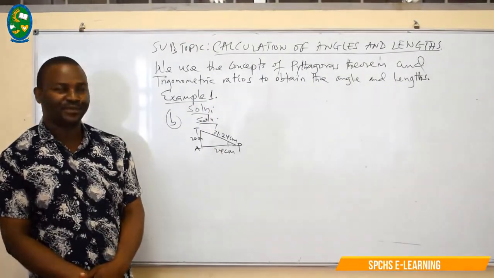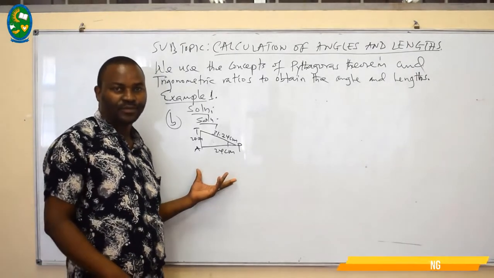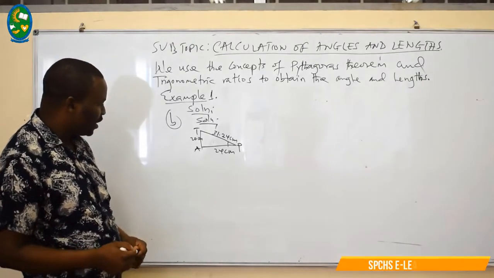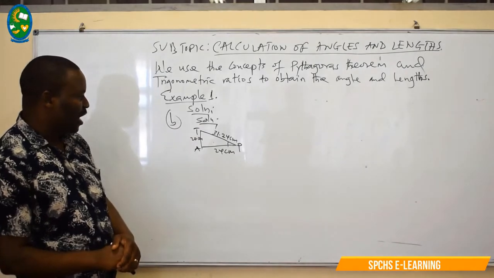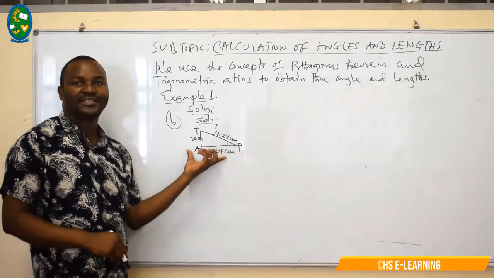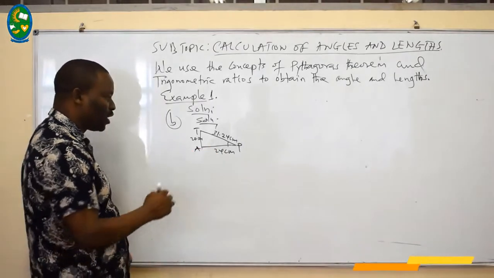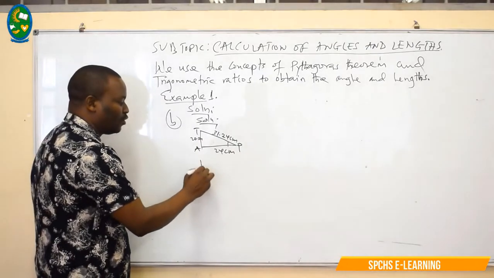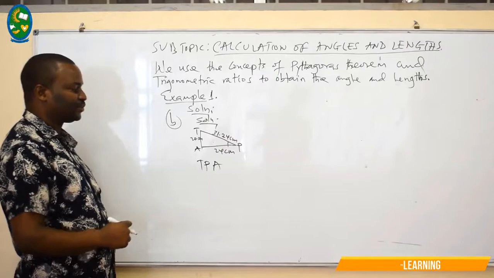Now let us see part B. In part B, you have been asked to find the angle APT. As you can see, from our cuboid, I have just taken this triangle, in which we can find the angle TPA or APT.